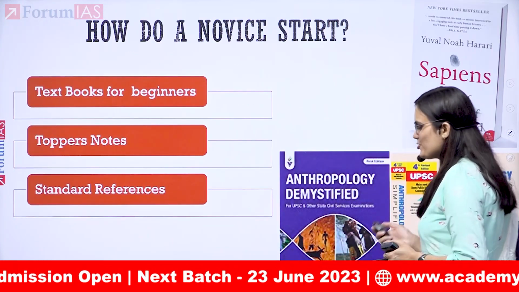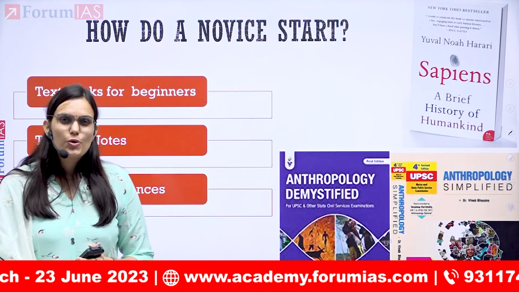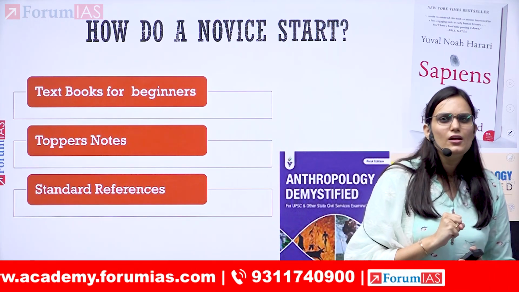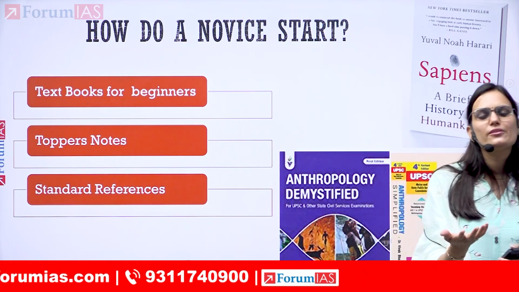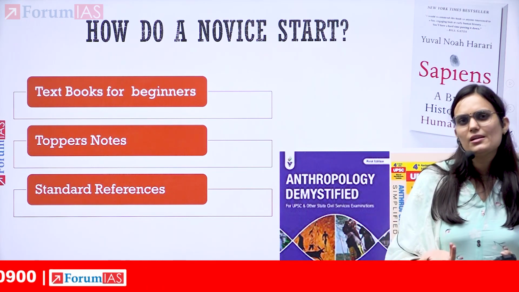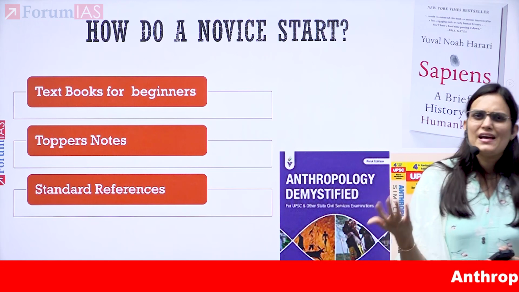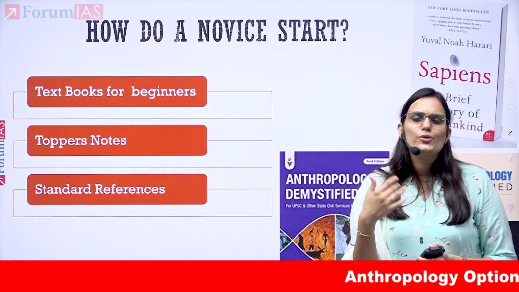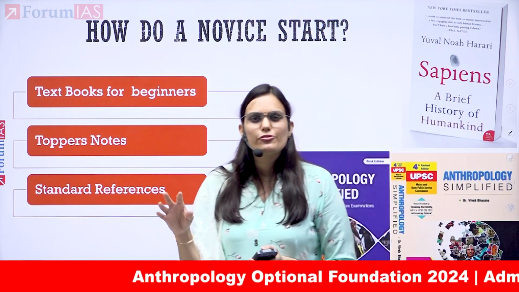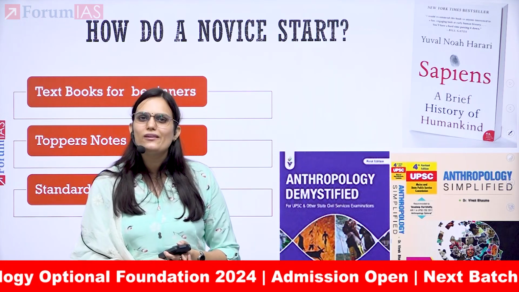Another question students keep on asking is, before confirming that I'll take anthropology as my optional, how do I decide whether it's suitable for me, whether I'll be able to grasp this subject or not? As a layman, if I have to get to know what evolution is all about in generic terms, you can refer to Sapiens by Yuval Noah Harari.